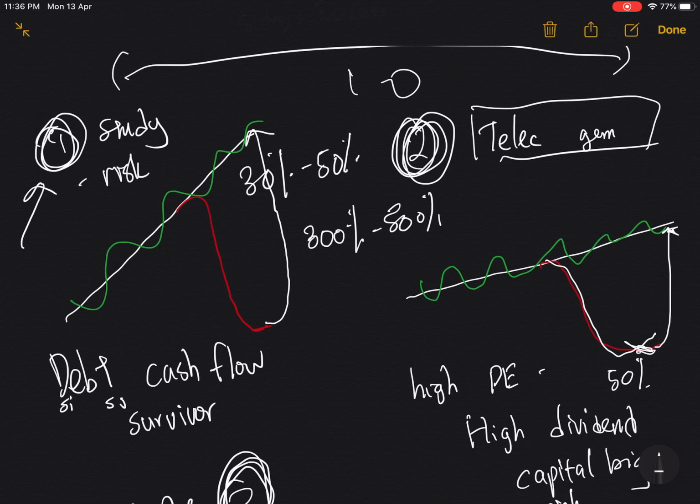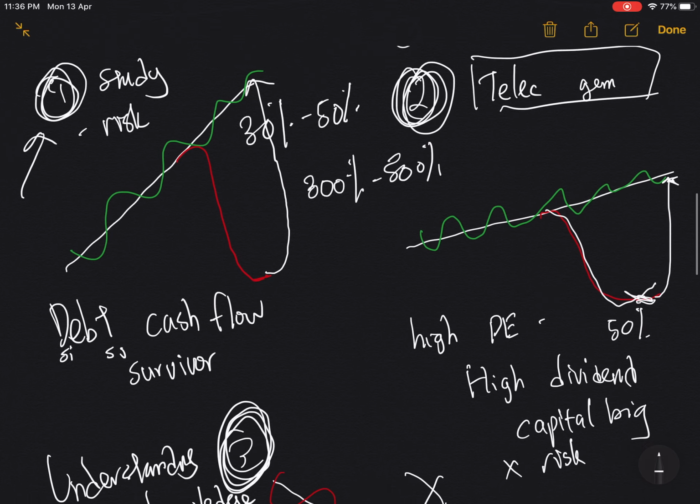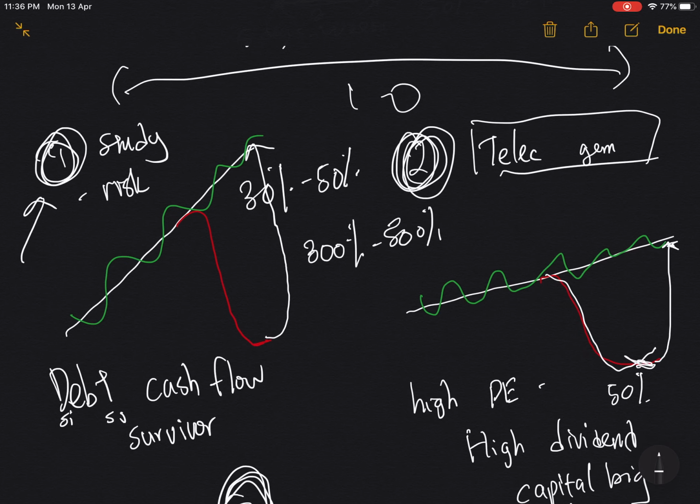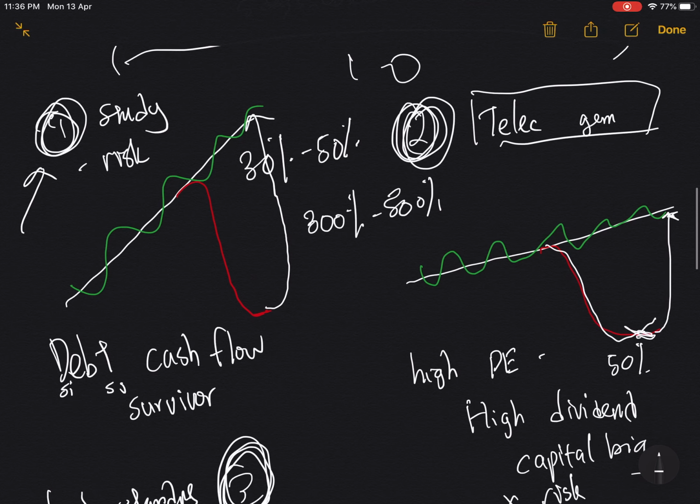You can choose from a limited set of counters right now. Study which one is more attractive to you, which one gives you a better dividend, and which one has the ability to earn back the money when everything is normalized.